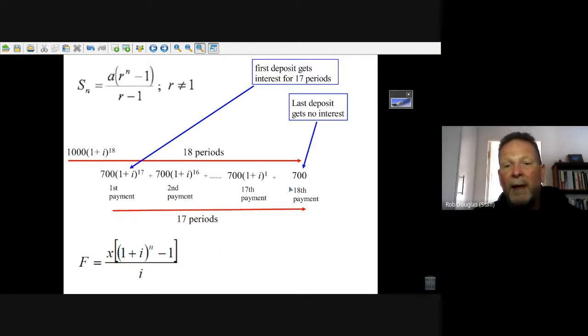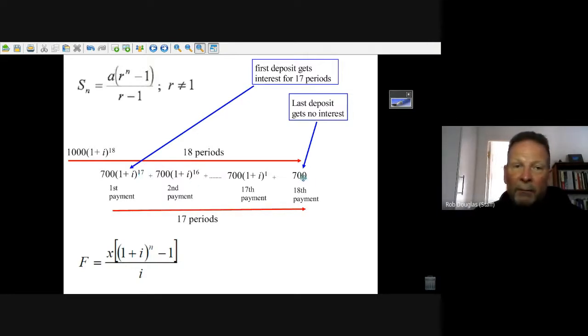If you make your last payment at the end of the month, that last payment gets no interest. The payment just before that gets 1 month of interest, and the very first payment gets n minus 1 periods of interest. So if it was 18 periods, that first payment gets 17 months of interest, because everything's designed for the end of the month.